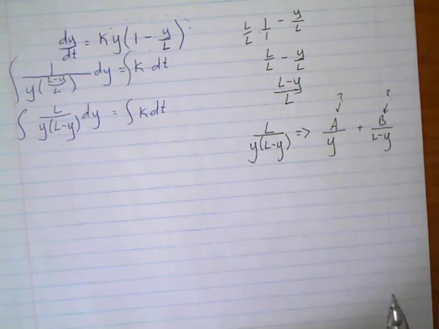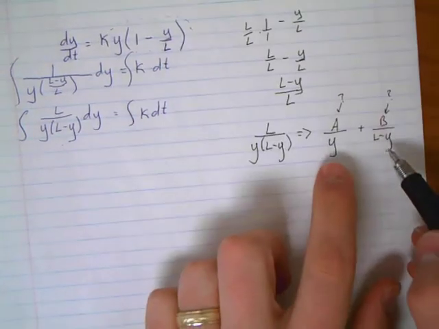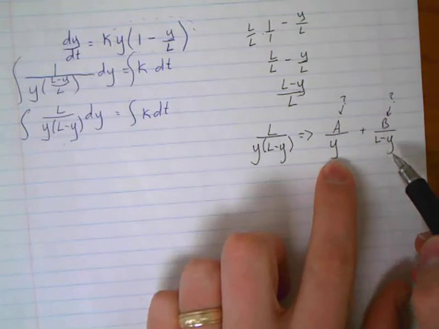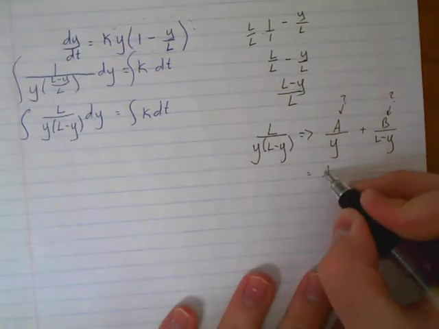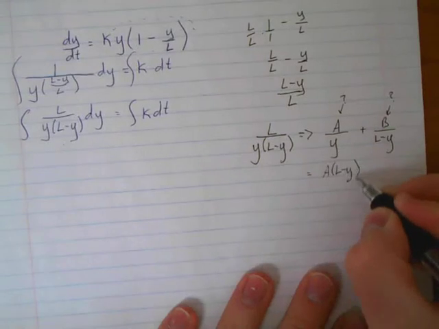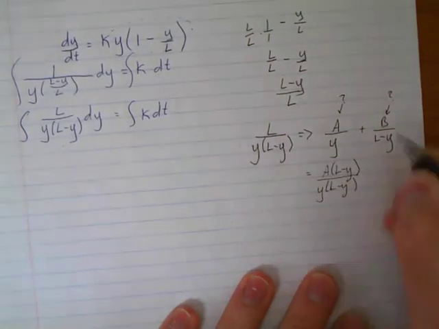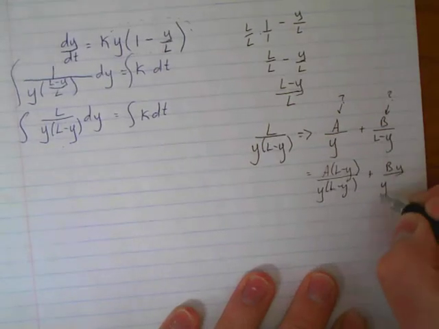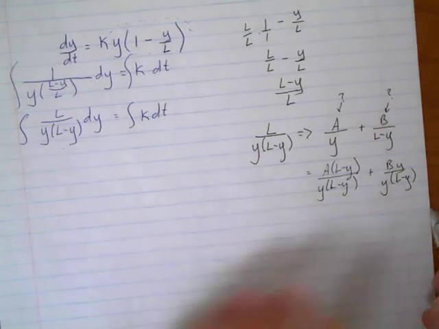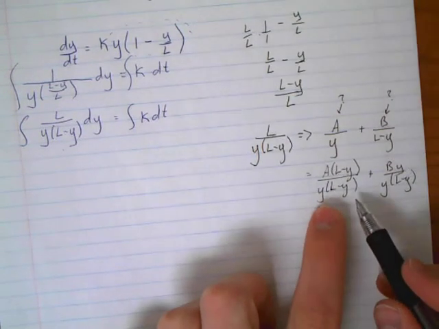And so here's how we do it. If they were to look like this, and we decided to get a common denominator between these two fractions, we would have to multiply this one by (L minus y) over (L minus y), and we'd have to multiply this one by y over y. You can see now that they both would have the common denominator y times (L minus y).